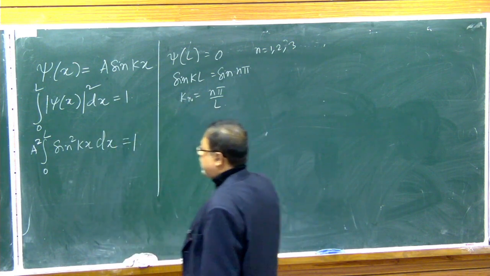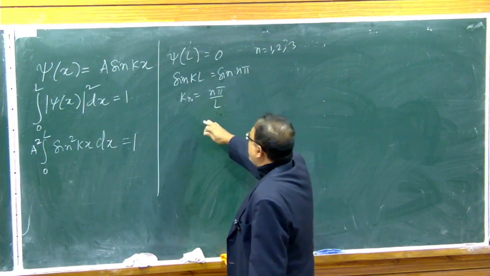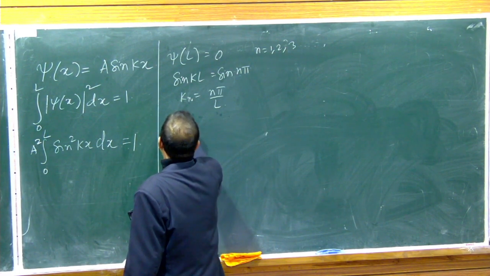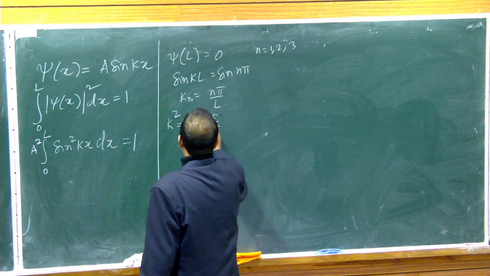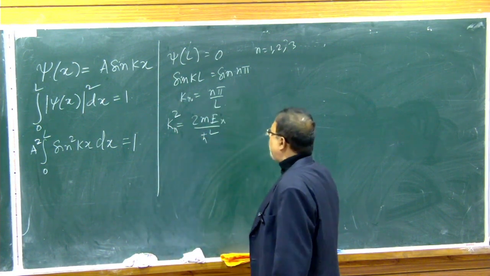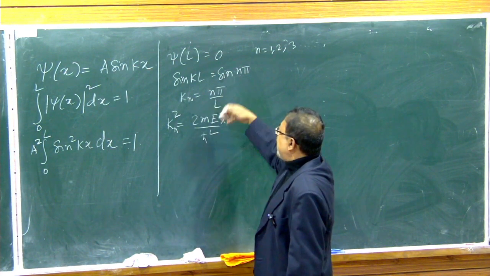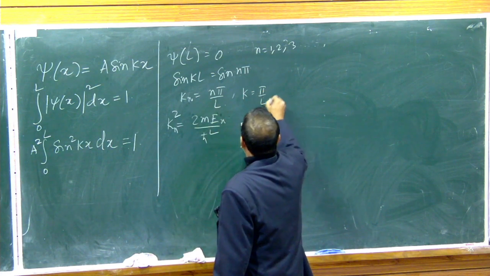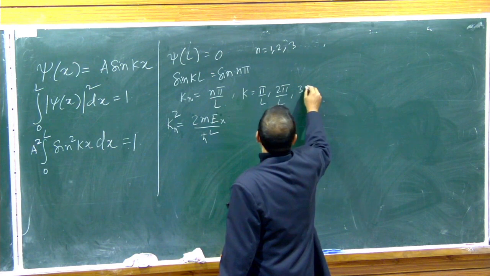So that's your quantization of K. And just going back to the relation of K with E, which is E equal to h cross squared K squared over 2m, now I'll put this n here to say that K is quantized in the form n pi over L, which means K can only take values pi over L, 2 pi over L, 3 pi over L and so on.